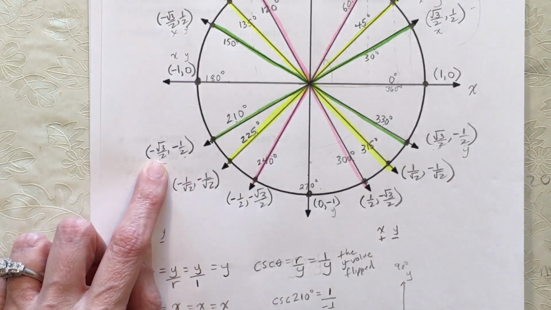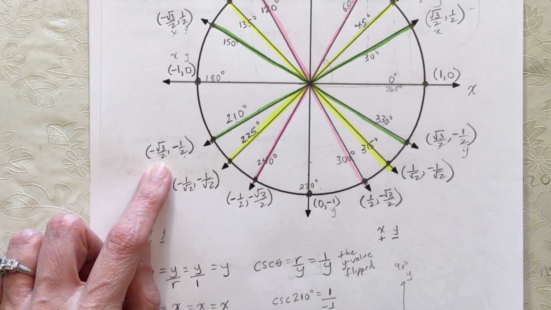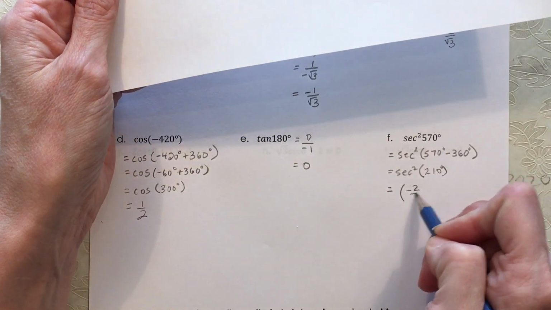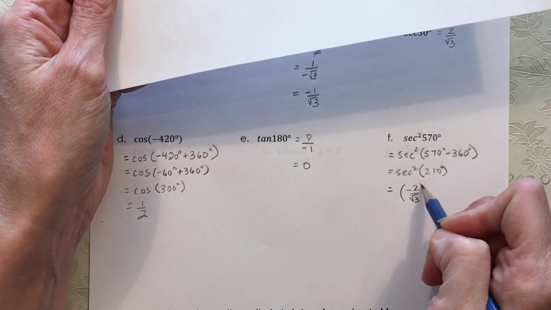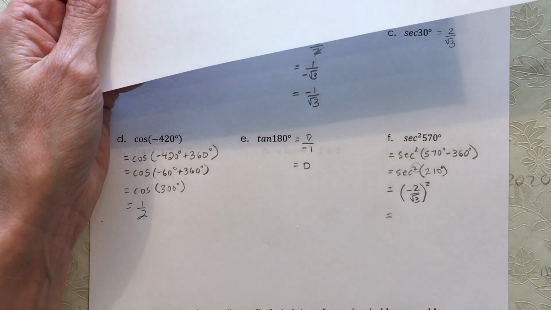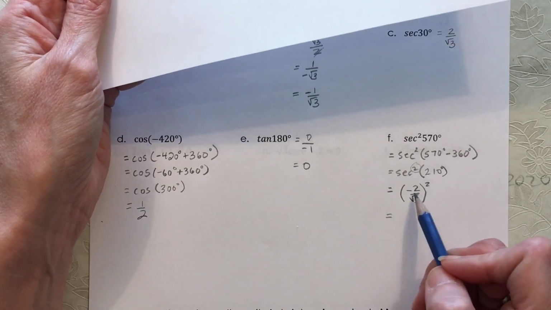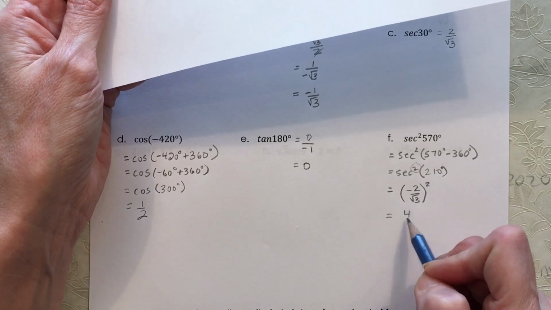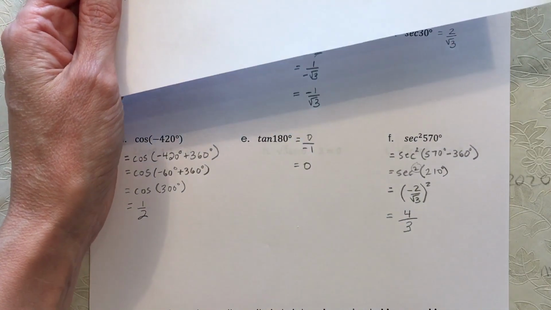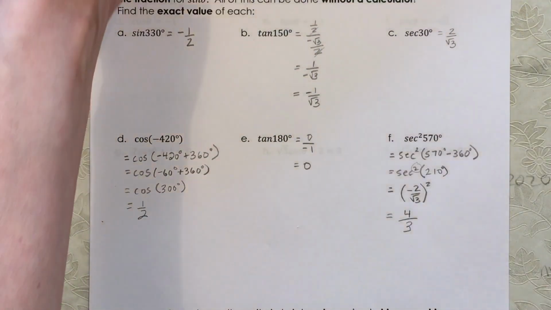We're going to look at the x value, because sec is related to cos, and we're going to flip it upside down. So we're going to change it to -2/√3. That would be the sec, but we want to square that because it's sec squared. So we're going to square the top and square the bottom. So negative 2 squared is positive 4, and root 3 squared is 3. So sec squared of 570 is 4 over 3.